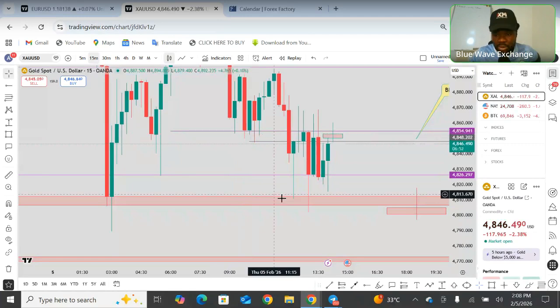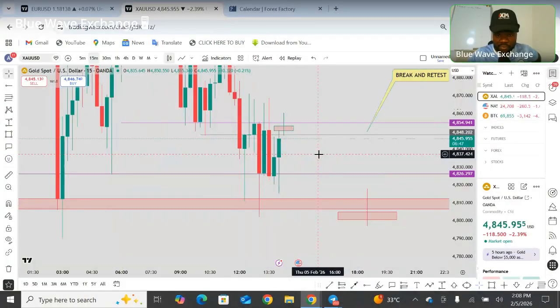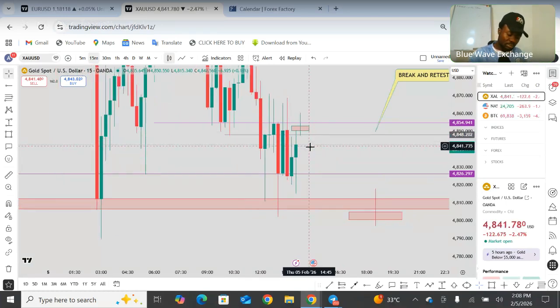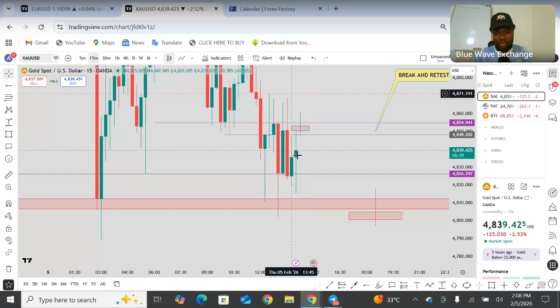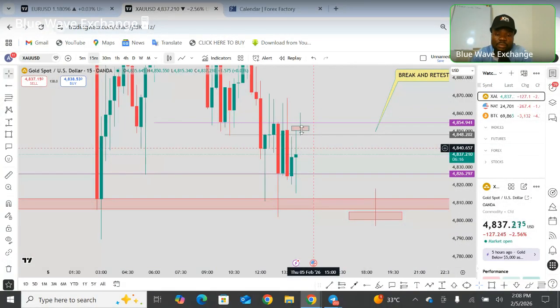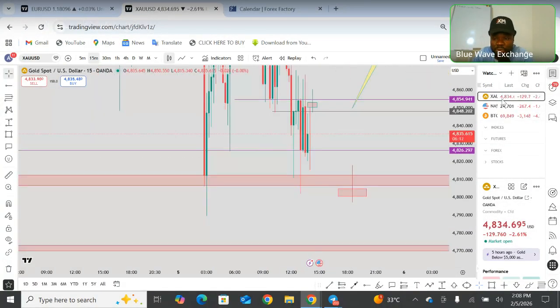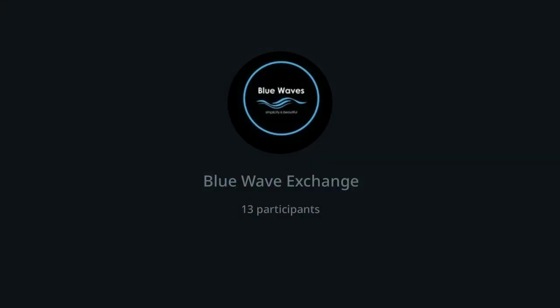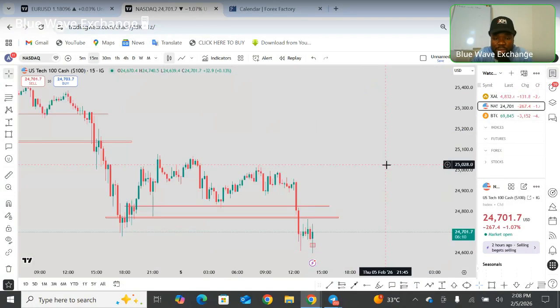So let's wait for this one to close. Okay. Yeah, so the breakout, this way I'll be looking to take the breakouts. So I'm watching now, like gold is currently a mess.